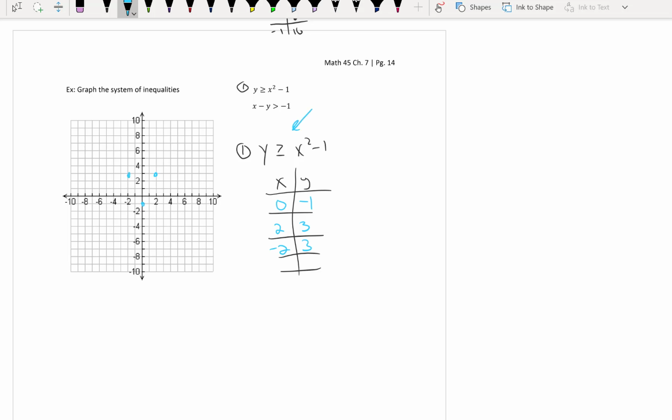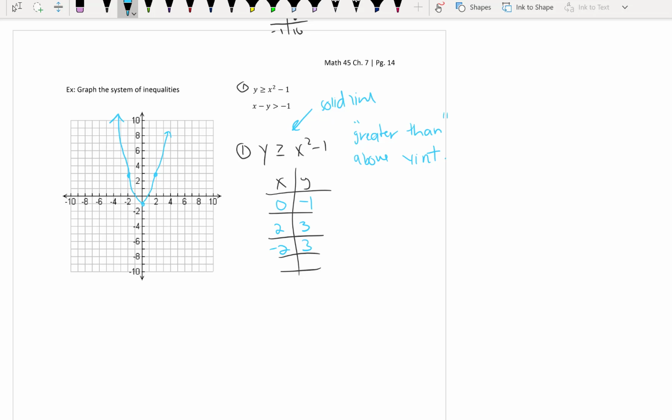And this looks like it's a solid line. And it's saying that it's going to be greater than. So I'm shading above the y-intercept. Okay. So I know I'm somewhere up there.